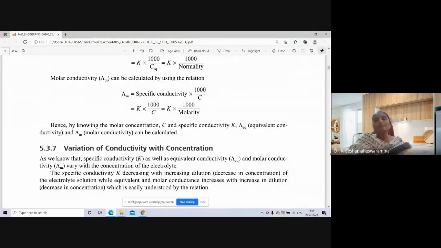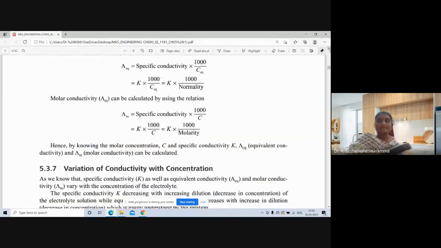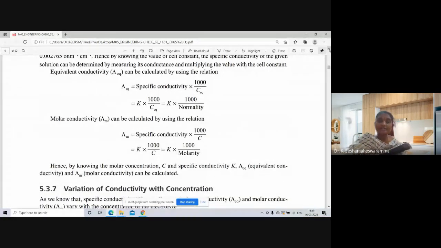So this is the measurement of conductance and conductivity cell: conductance by Wheatstone bridge, definition of conductivity cell, cell constant, specific conductivity, molar conductivity, equivalent conductivity.